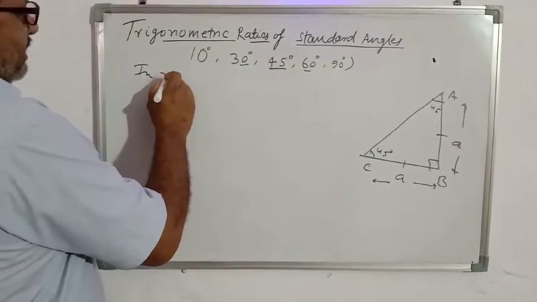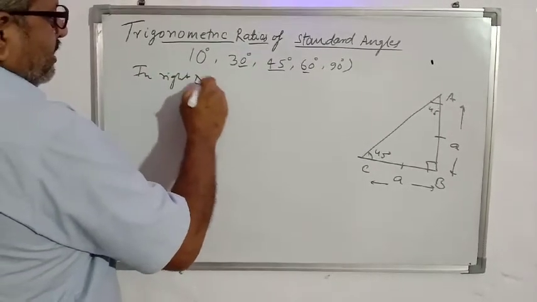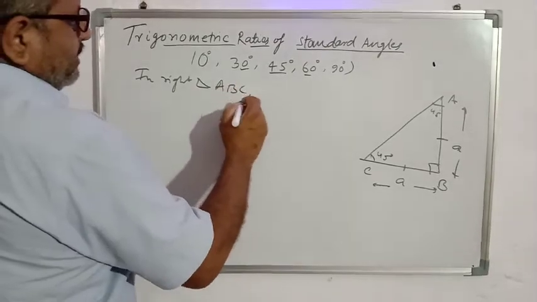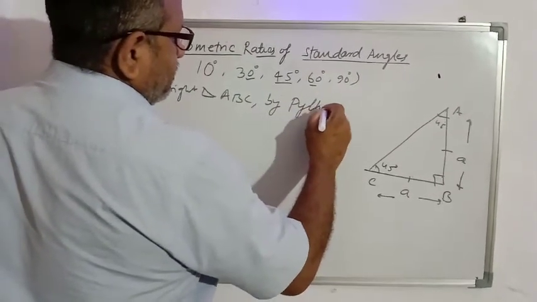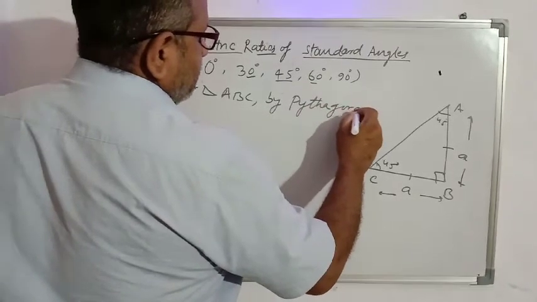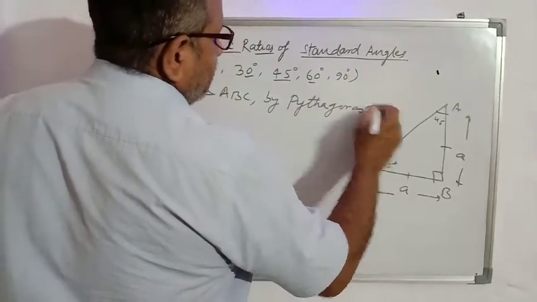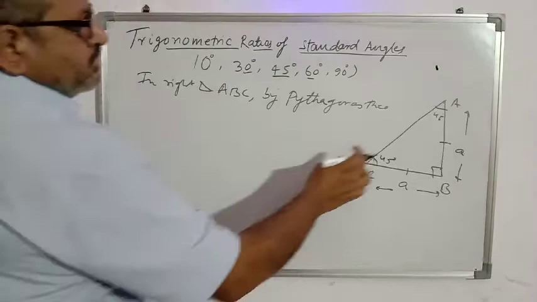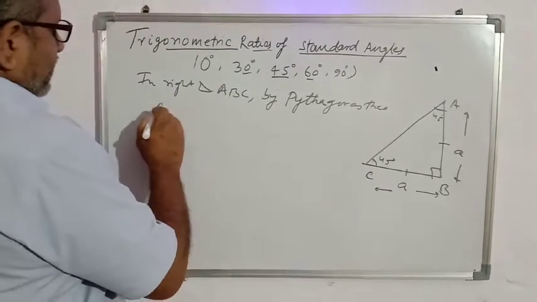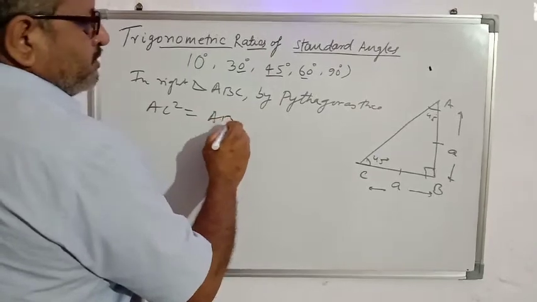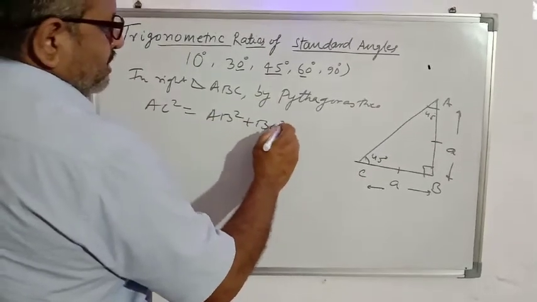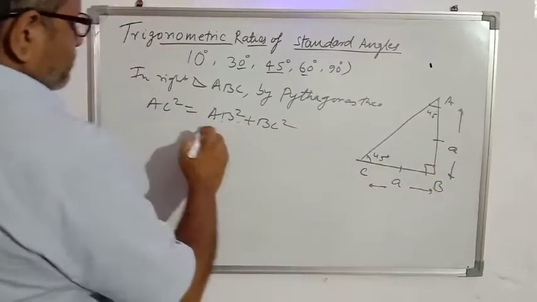In right triangle ABC, by Pythagoras theorem, the square of the hypotenuse AC is equal to AB square plus BC square.